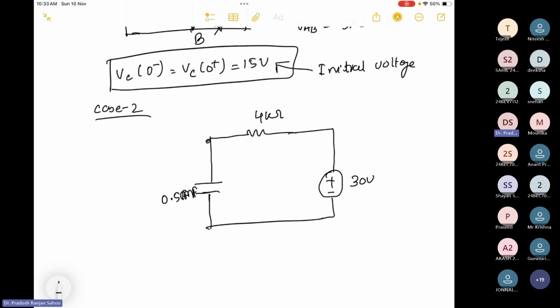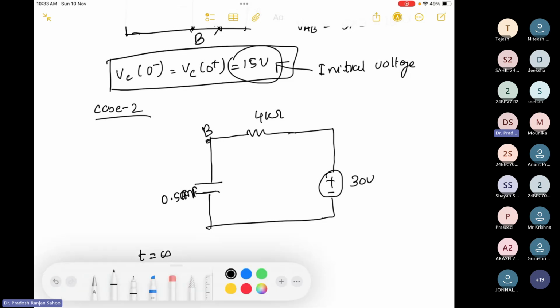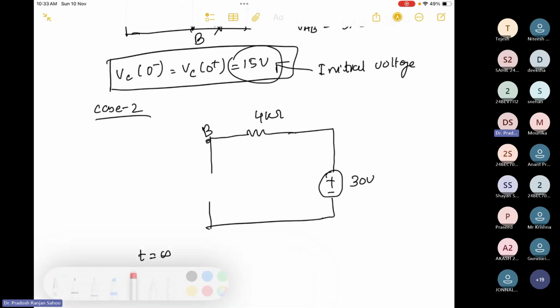Now the switch is moved to position B. I want to find the voltage at t equal to infinity. At t equal to 0 minus and t equal to 0 plus, the voltage is 15 volt.